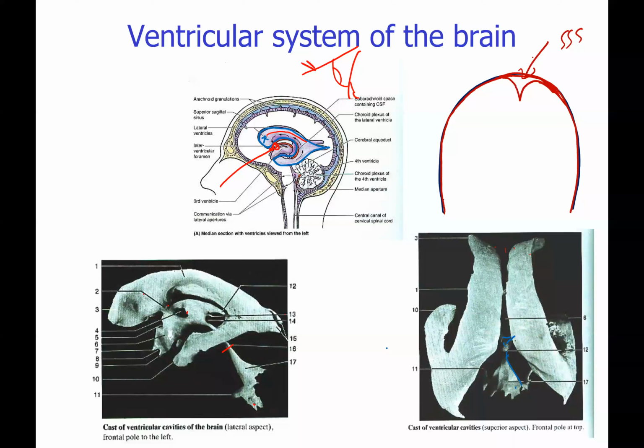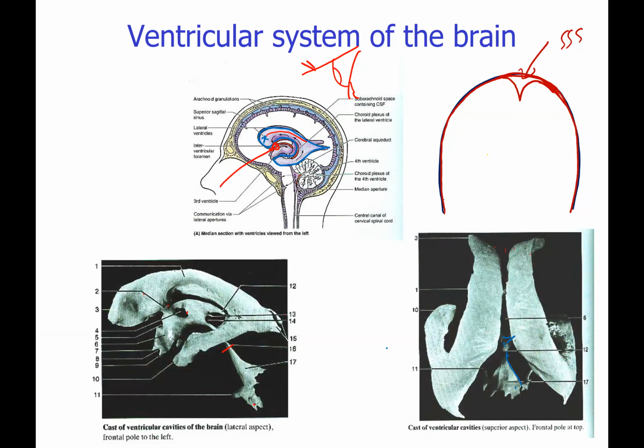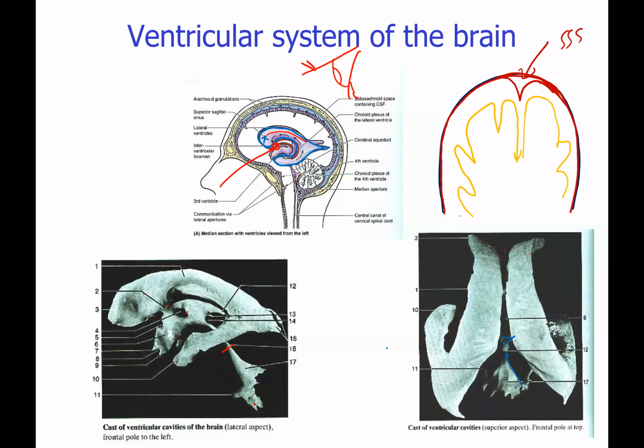Then you get the brain underneath. I'll draw it like this. You get your brain here with its sulci and gyri. So this is the midline, two cerebral hemispheres. Your arachnoid mater is over the surface of the brain, like this.